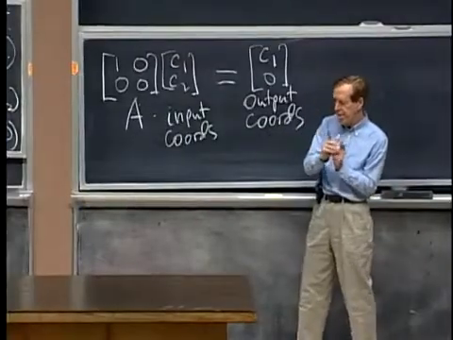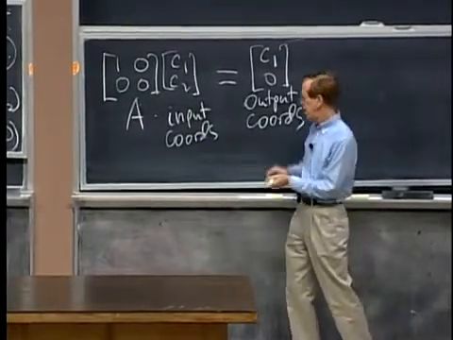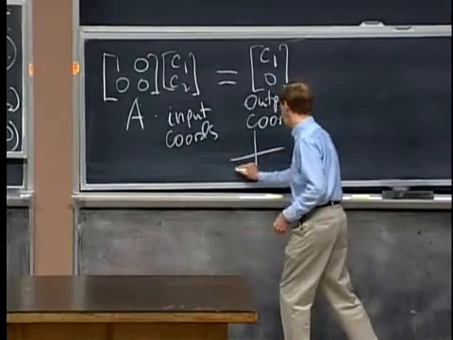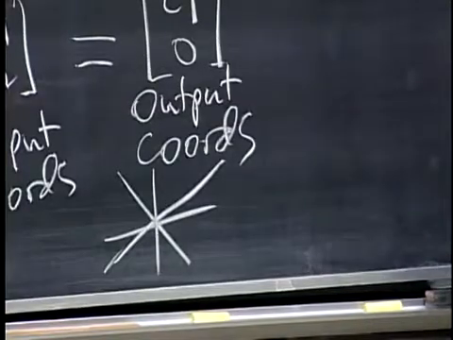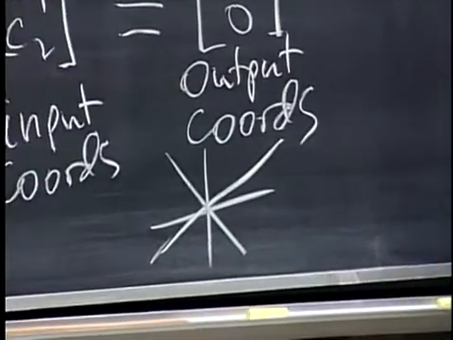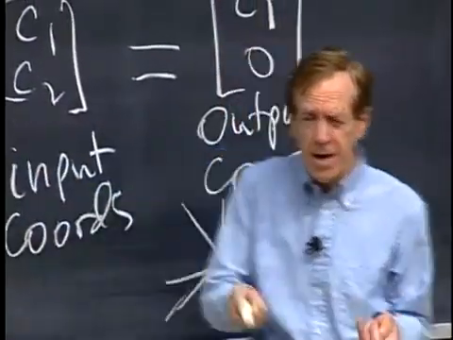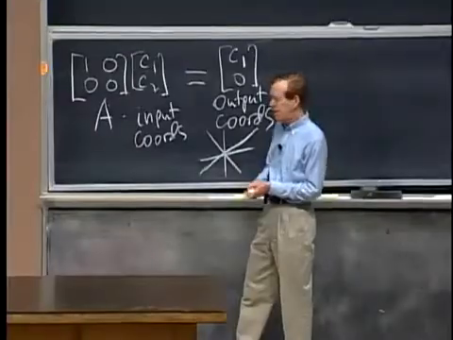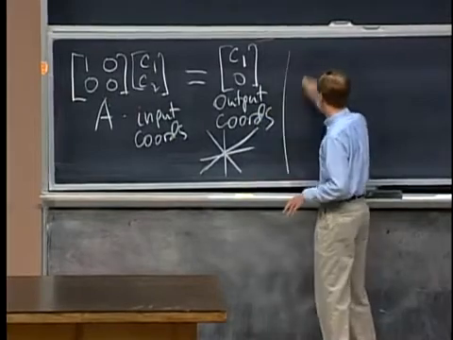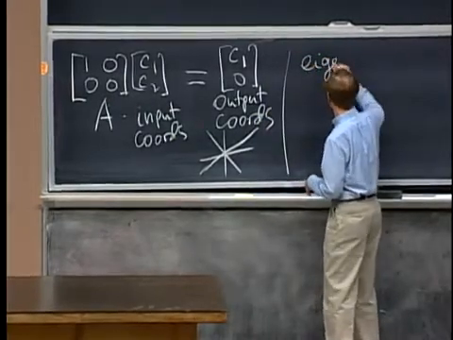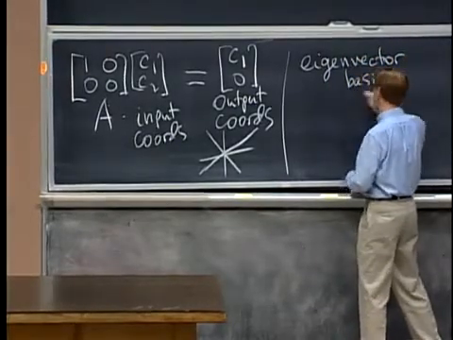Now, in this example, let me repeat. I chose the input basis the same as the output basis. The input basis and output basis were both along the line and perpendicular to the line. They're actually the eigenvectors of the projection. And as a result, the matrix came out diagonal. In fact, it came out to be lambda. This is like the good basis. So the eigenvector basis is the good basis.